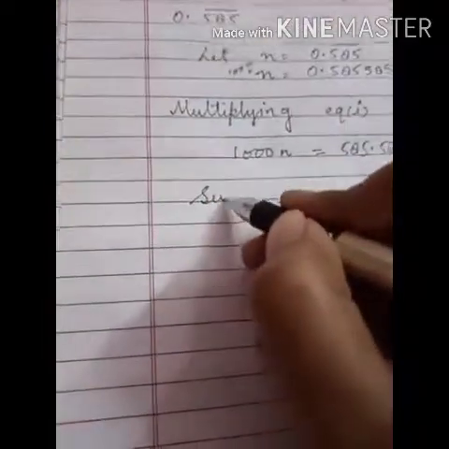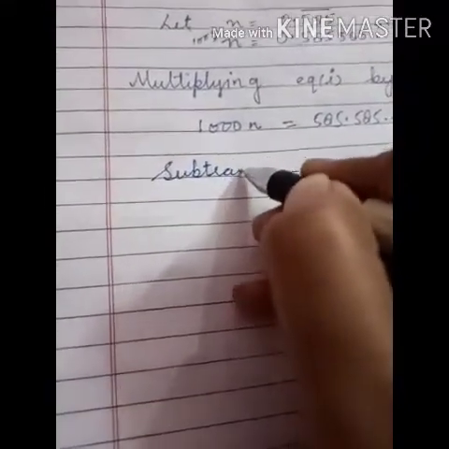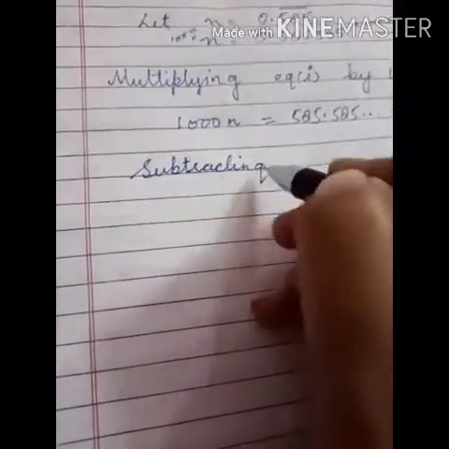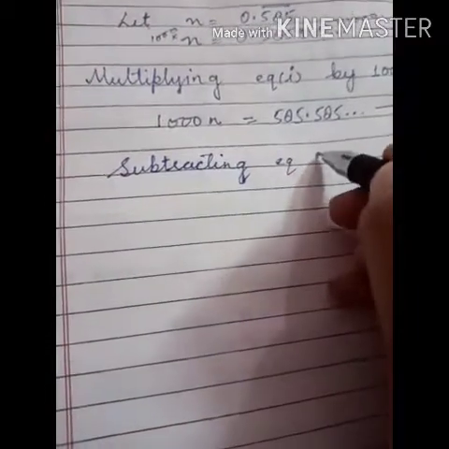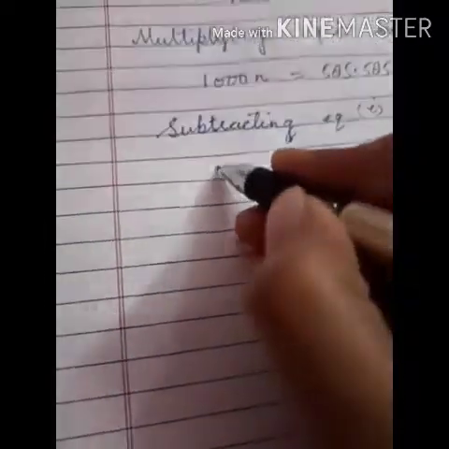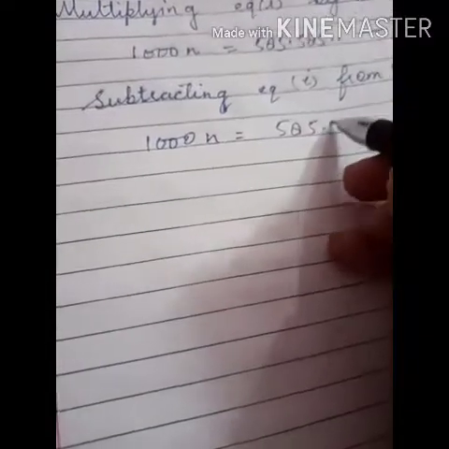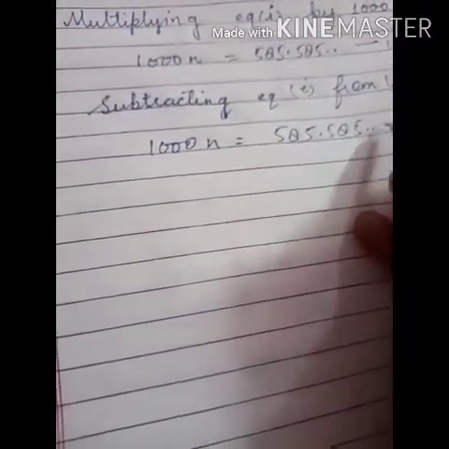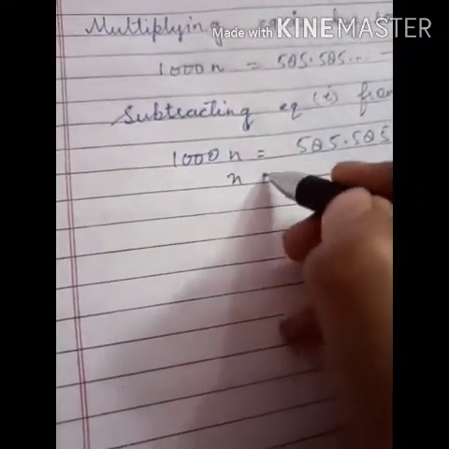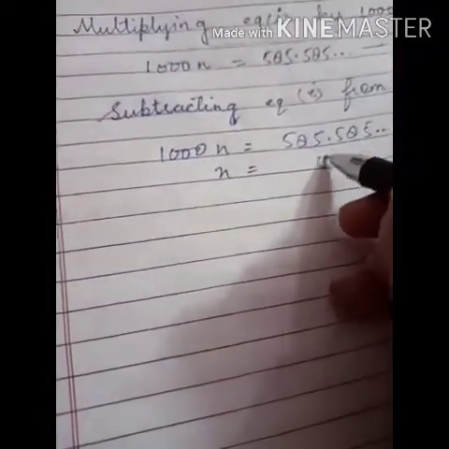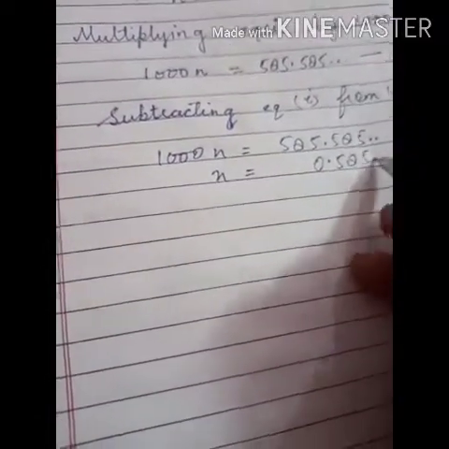Now our next step is subtracting equation 1 from 2. 1000n equals 585.585 and so on, and here n equals 0.585 and so on.